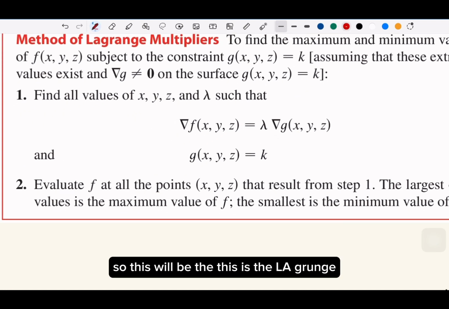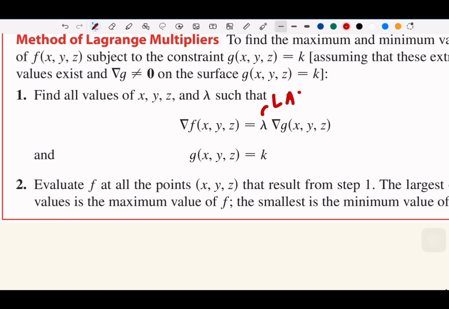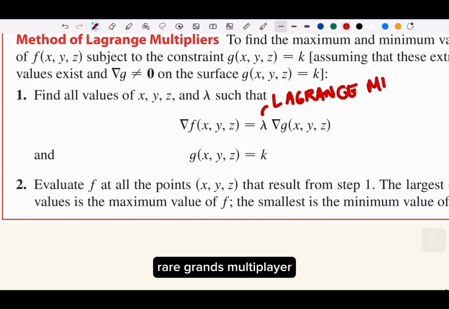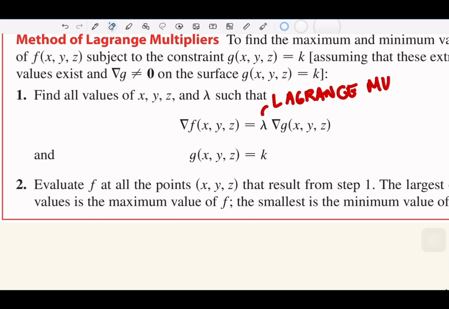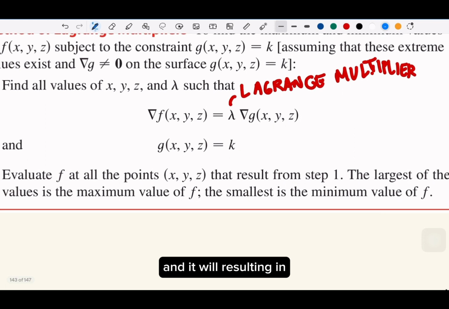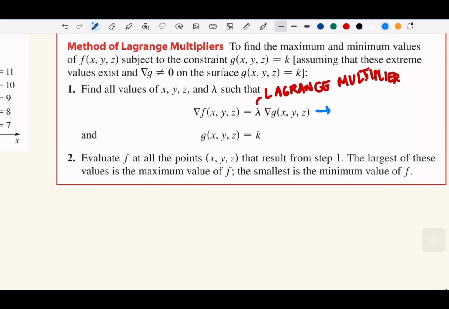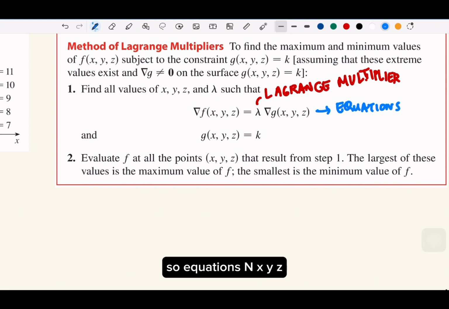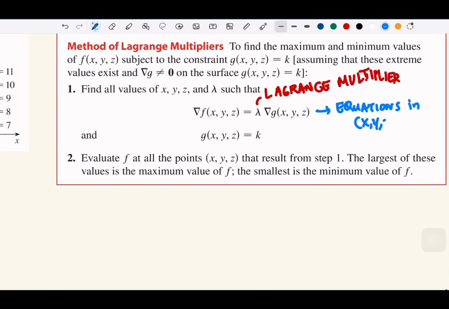This is the Lagrange multiplier, and it results in equations in x, y, z.